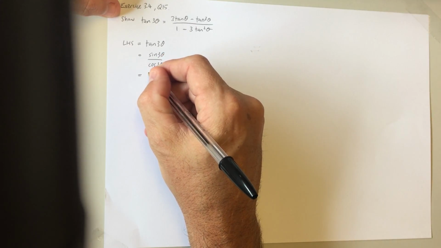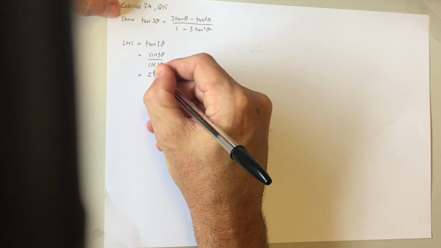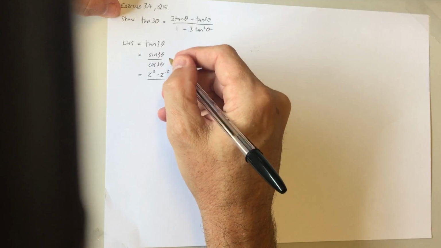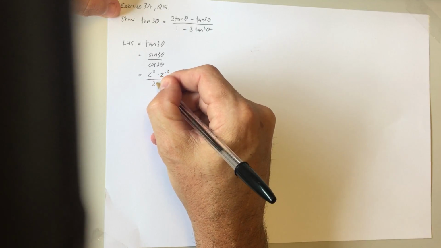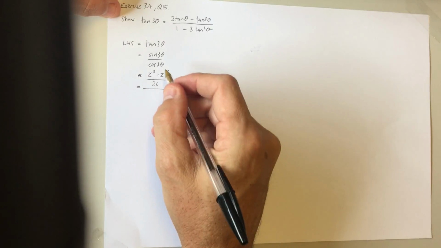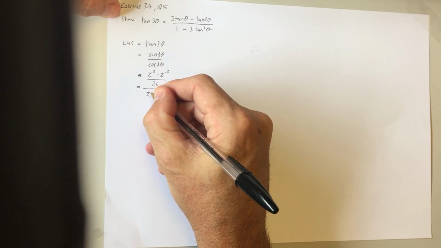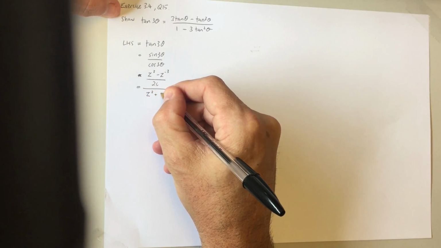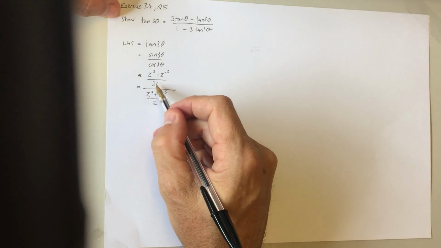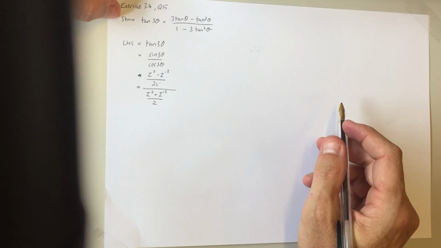So sine of 3 theta will be z to the power of 3, subtract z to the power of minus 3, all over 2i. And cos of 3 theta will be z to the power of 3 plus z to the power of negative 3, all over 2. So don't forget the i there for your sine.